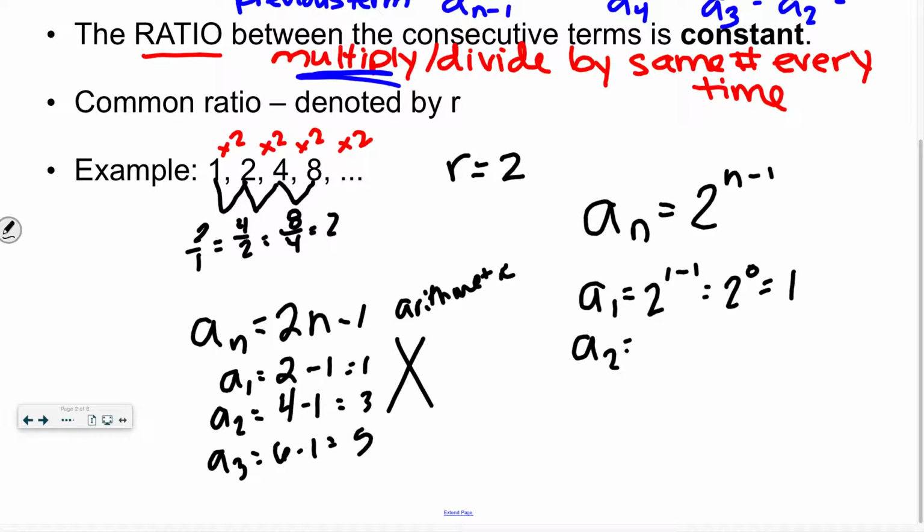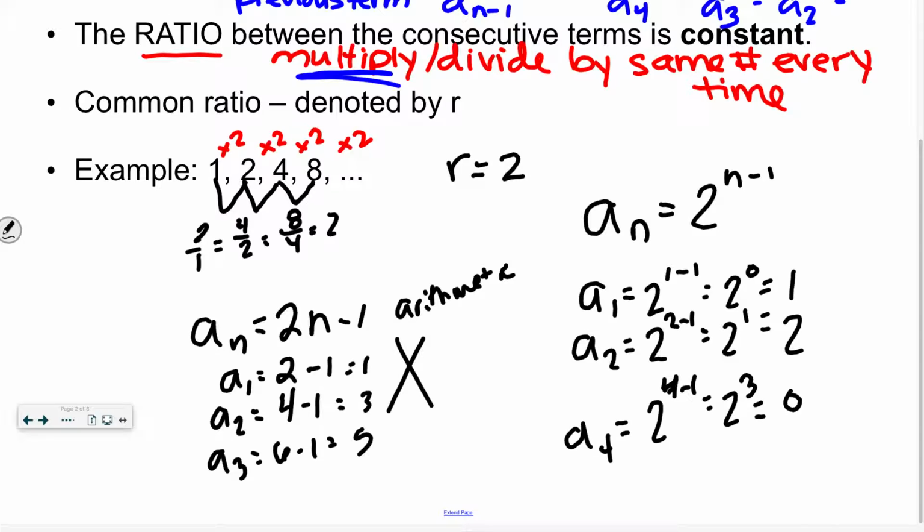And a sub 2 is 2 to the 2 minus 1, which is 2 to the first, which is 2. And I'm going to jump down and do that fourth one over there. A sub 4 should come out to be 8. 2 to the 4 minus 1 is 2 cubed, which is 8. Sure enough, I think I got that rule. Right? Now, make sure that you have in your notes that the minus 1 is up in the exponent. If you put minus 1 down on the regular line of text, you don't get the same numbers over here.